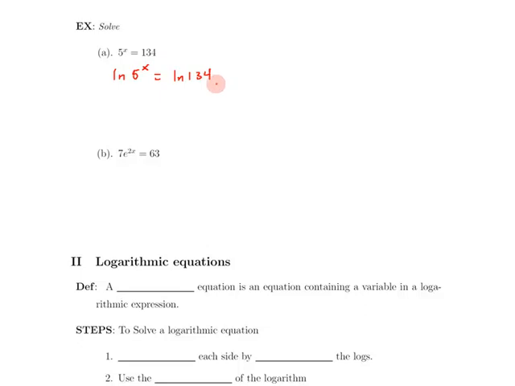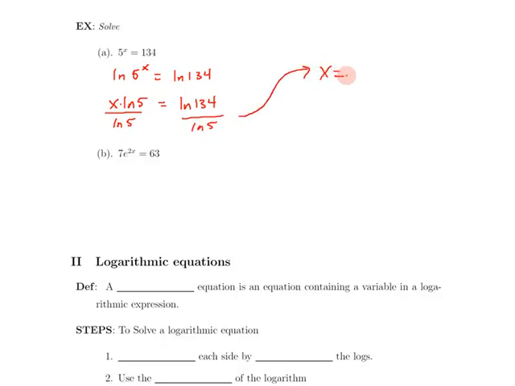Now use the property called the power rule. It says I can take the x out front and have x times the natural log of 5 equals the natural log of 134. Okay, now how do I get the x by itself? Well, notice the x is multiplied times this log of 5. So divide natural log of 5 on both sides.